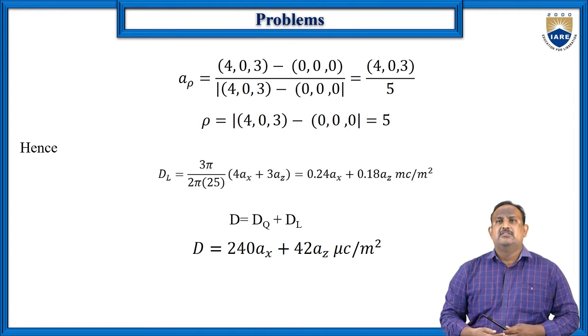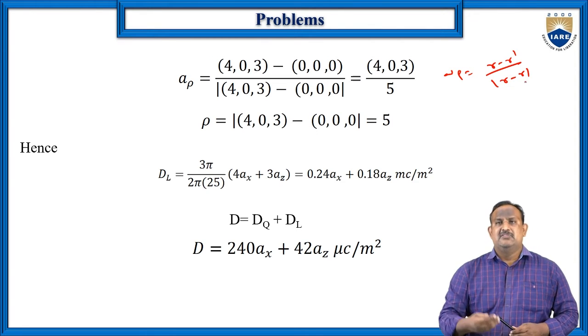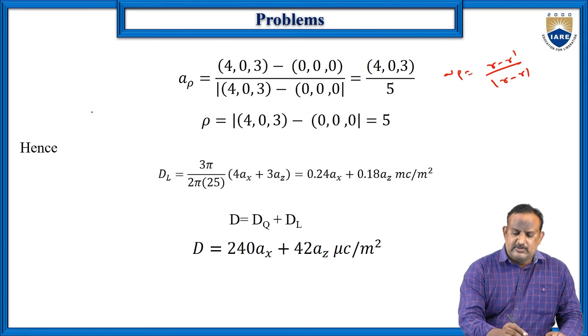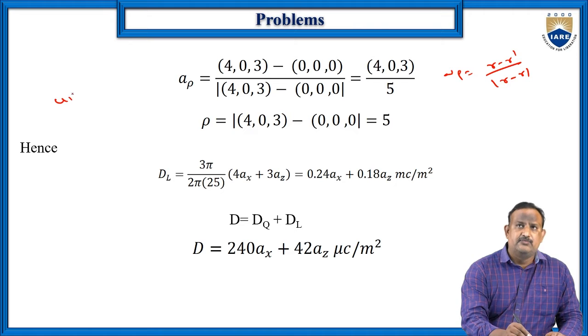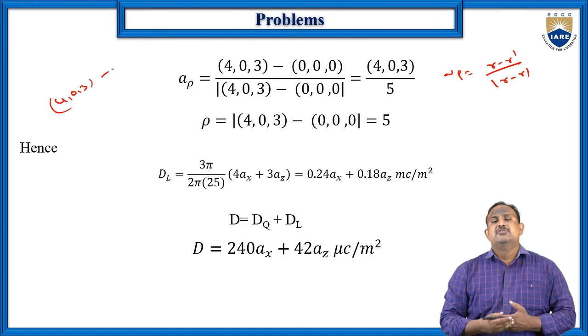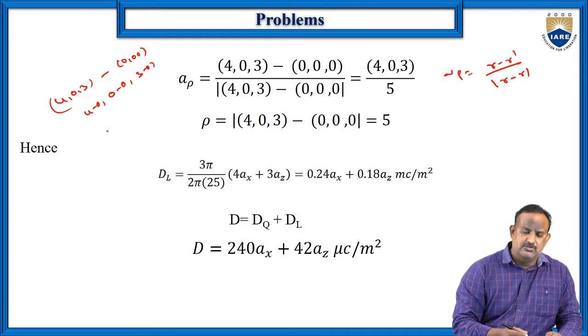So here first we will find out the unit vector a rho, which is equal to the distance vector R minus R dash by the modulus of R minus R dash. So first we will find out the distance between the 2 points. Here we need to assume the line charge. The line charge is at (4,0,3), and we need to find the distance between (4,0,3) and the origin (0,0,0). Therefore, it is 4 minus 0, 0 minus 0, 3 minus 0.